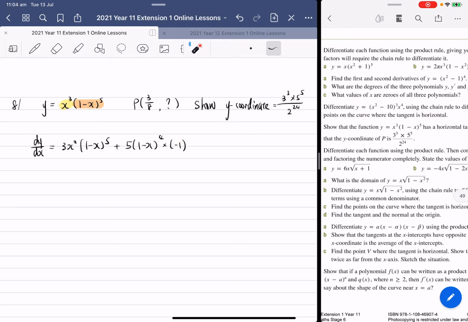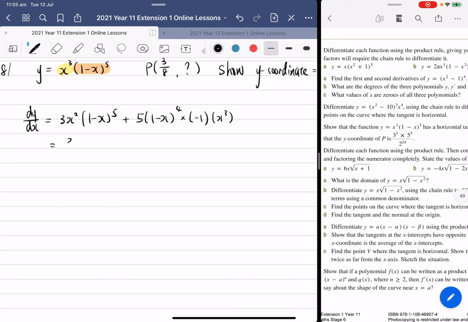So the derivative of what's inside is -1. Then you times by x to the power 3. Now we just need to simplify it. Minus x to the power 3, or actually 5, (1 minus x) to the power 4. Okay, so we got to this point.